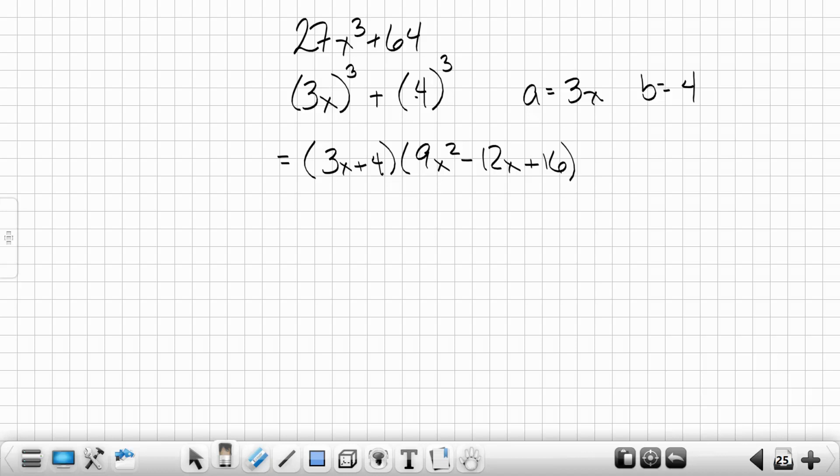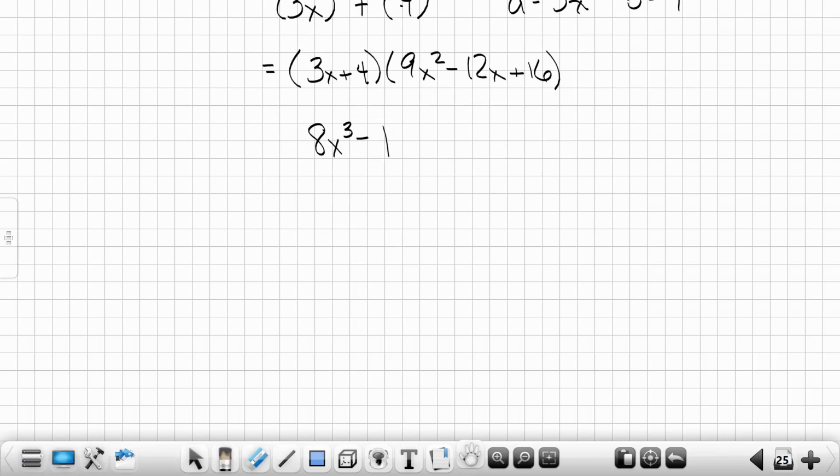8x cubed minus 1. Difference of 2 cubes. Let's go ahead. 8x cubed is what cubed? 2x. 1 is what cubed? 1. Just so we can identify our a and b.